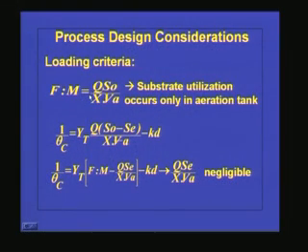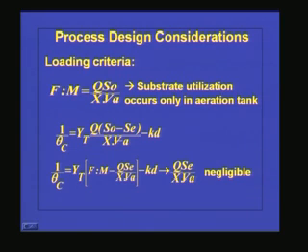So, the loading criteria can be expressed in terms of food to microorganism, that is Q into S naught. This is the total food coming to the system, and the total microorganism present in the system is X into VA. X is the MLSS concentration in the aeration tank, and VA is the volume of the aeration tank. Why are we considering only this system?